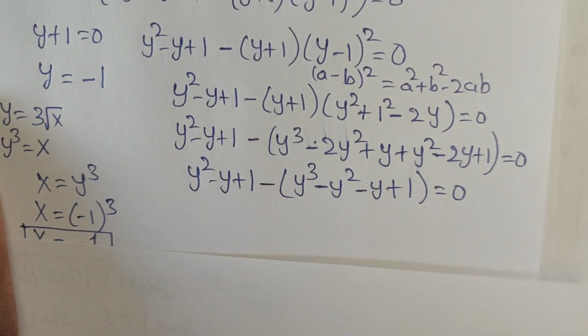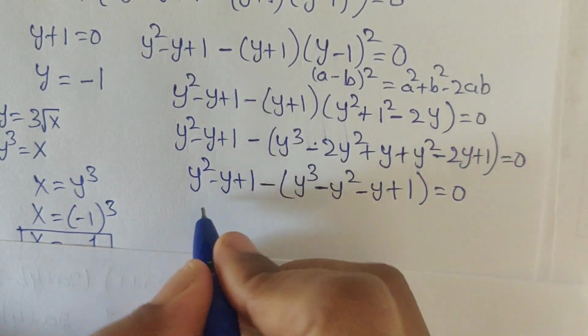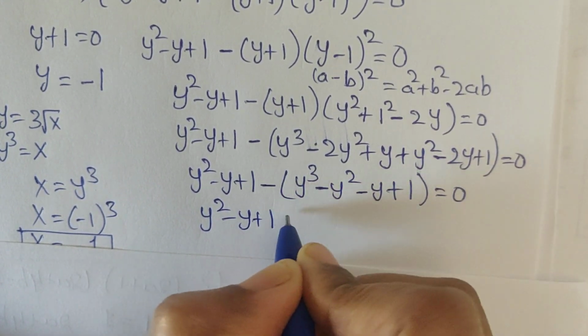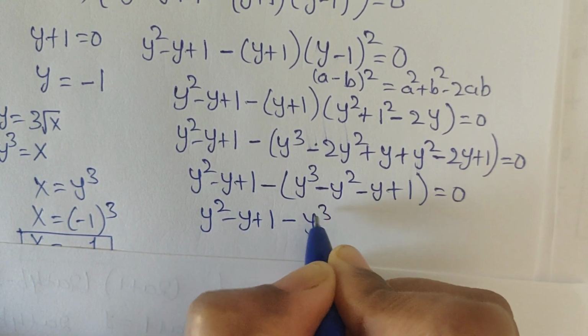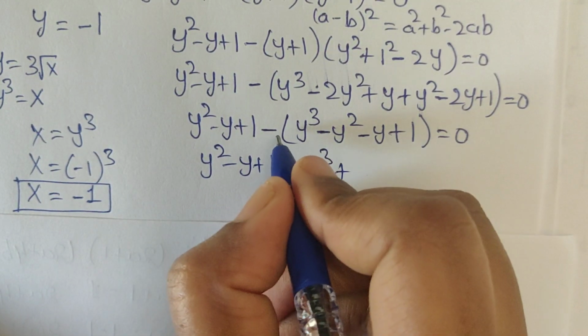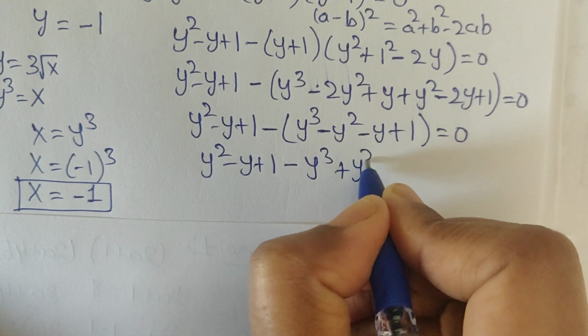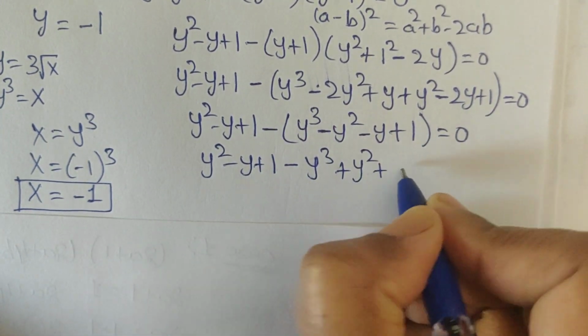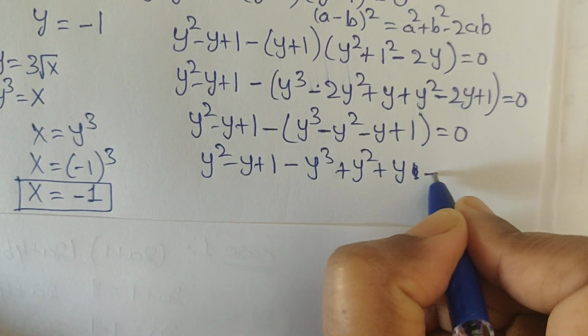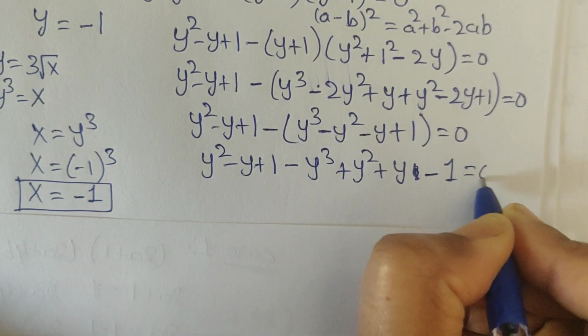Now multiply with the negative sign. So now it will be y square minus y plus 1, so minus y cube, minus minus will become positive y, and here minus plus will become minus 1 is equal to 0.